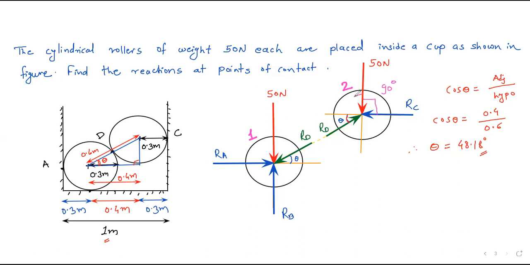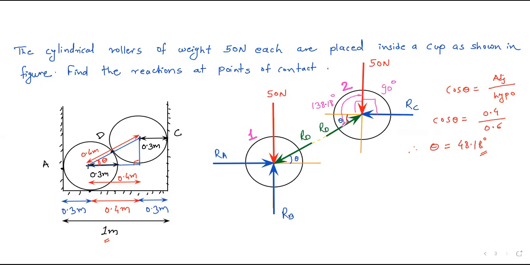Now we need to calculate this total angle from these two forces. This angle is already 90, so 90 plus 48.18. What is the total angle? 138.18. So this angle is 138.18 degree.